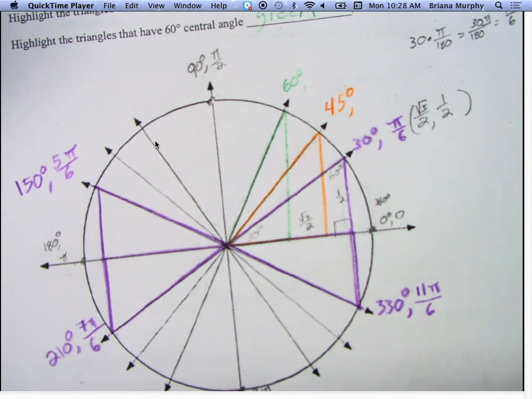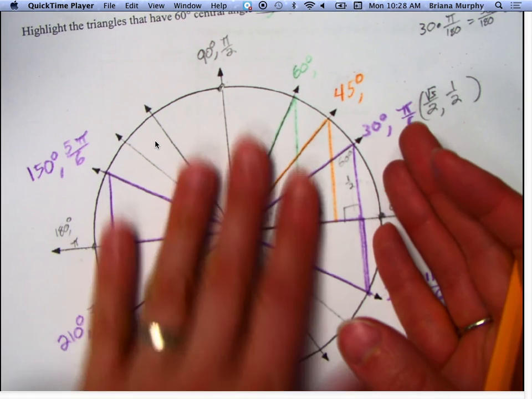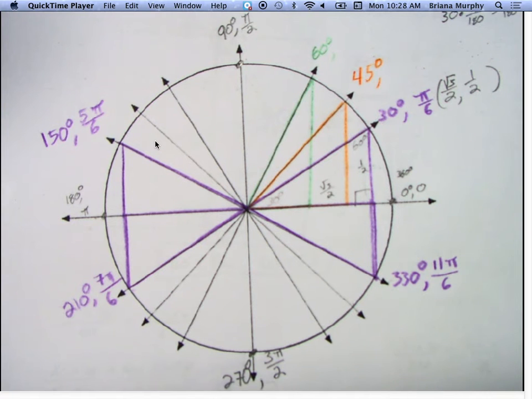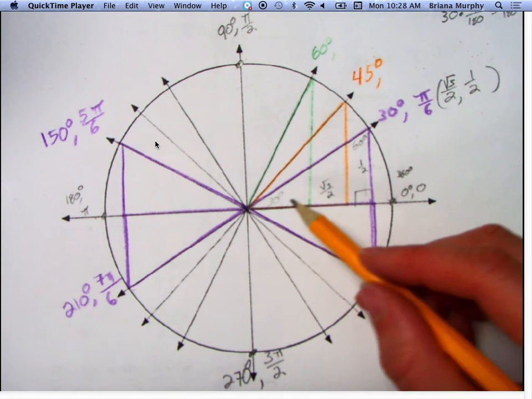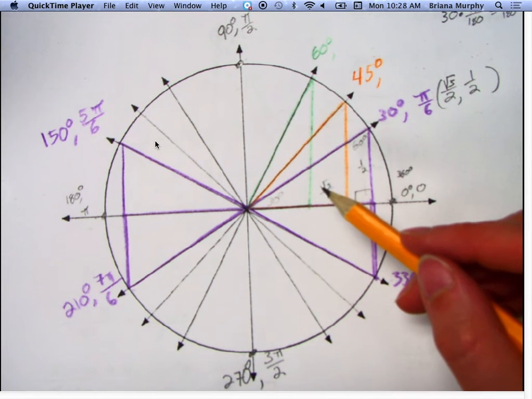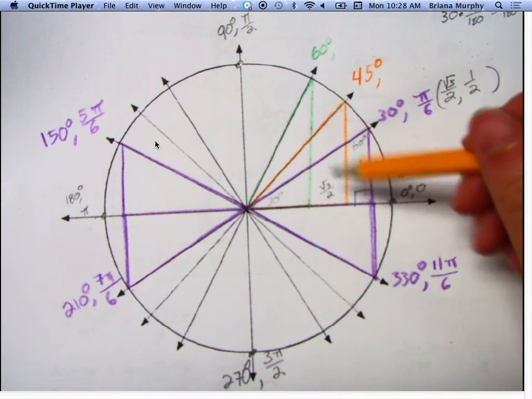Okay? You're going to have this sheet, and you're going to have to fill it all out. The important thing for this, when we're looking at sine, cosine, and tangent, is the trick: cosine deals with your x values, sine deals with your y values.